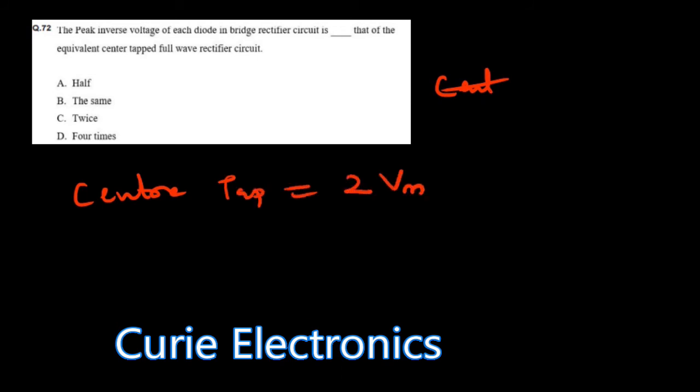For a bridge, it is VM. What is the question? The peak inverse voltage of each diode in the bridge rectifier circuit is that of the equivalent center tapped rectifier. That means it's half. VM is half of 2 VM. So option A is the right answer.